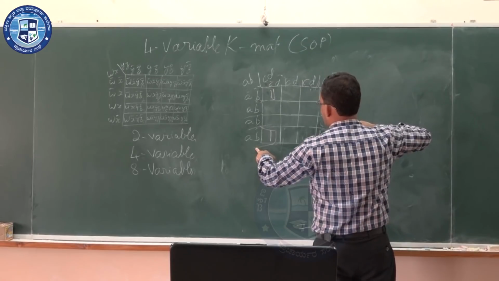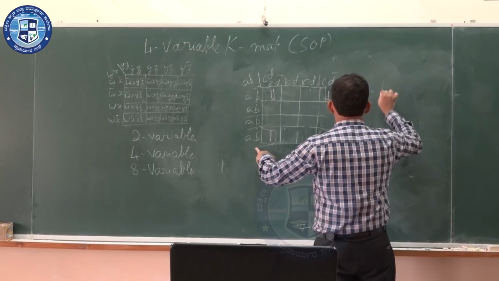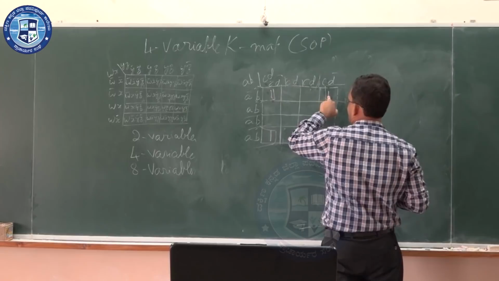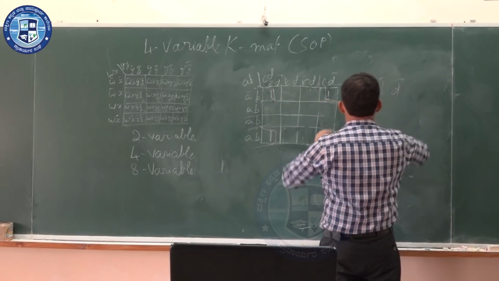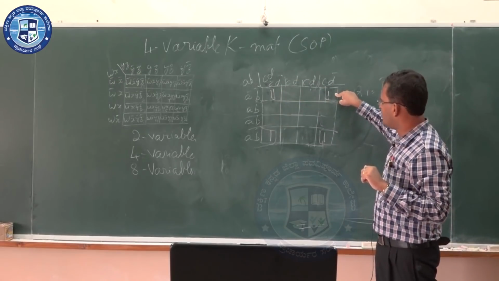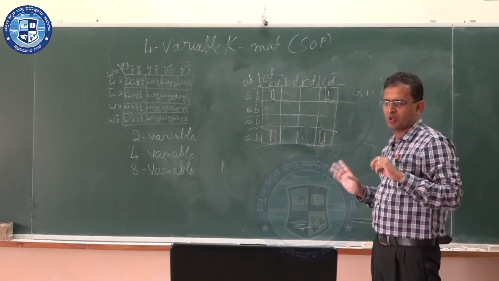So, when I write A bar B bar and A B bar, what is constant? It is B bar. C bar D bar and C D bar, it is D bar. So, the answer is D bar. So, I repeat, please see the first and the last column and the first and the last row. This is roll map, I have used the roll map concept.